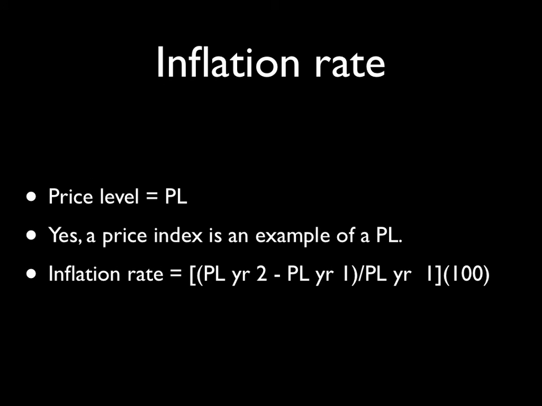All right, so how do we solve for the inflation rate? Inflation rate equals, and you have the formula in front of you, price level of year 2 minus the price level in year 1, and then you divide that by the price level of year 1 and multiply your answer by 100. So we're looking for the change.